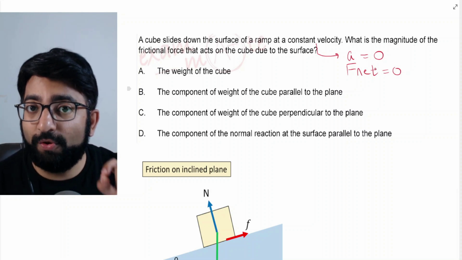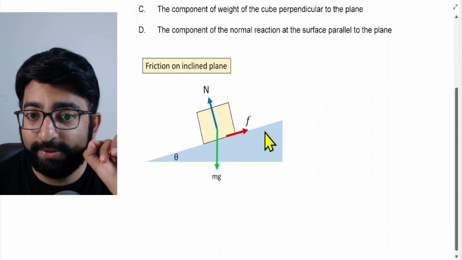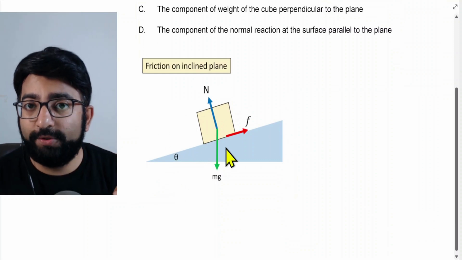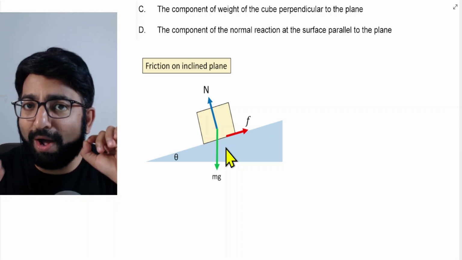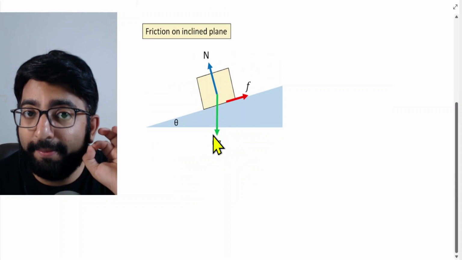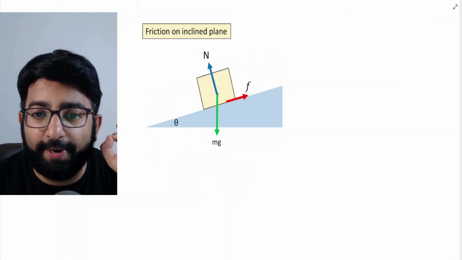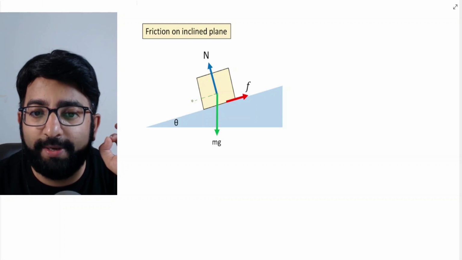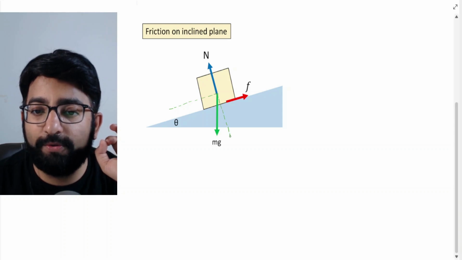Since acceleration is zero, the net force will be zero, which means if I come to this figure, all the three forces should combine to give the net result as zero. So, how to show it mathematically? We will break the mg into two components. One component of mg will go along the incline, like along this dotted line, and the other component of mg will go perpendicular to the incline.